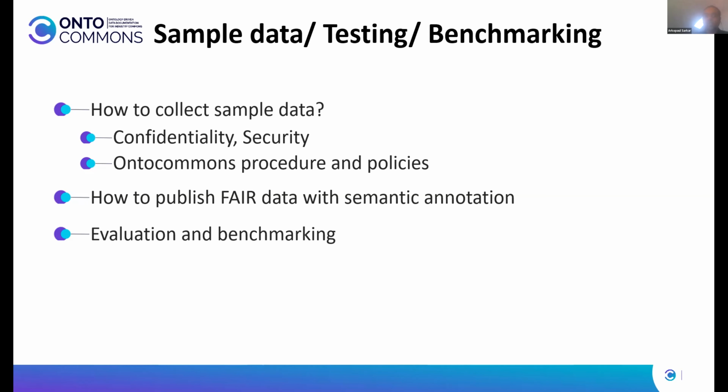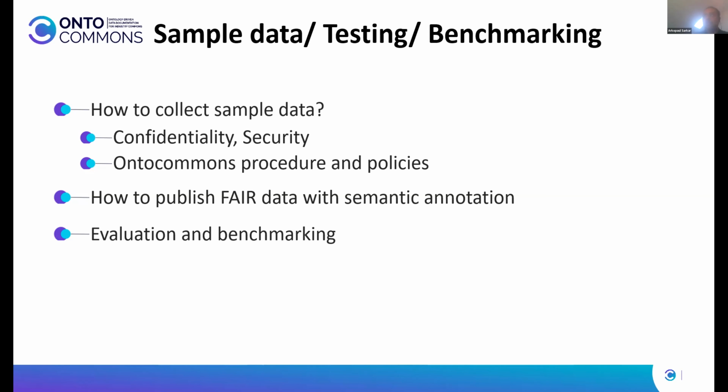For sure, the industrial partners have concerns regarding confidentiality and security, but could we solve them with some OntoCommons procedures and policies? We are open to listen to you all and have your input on that. We want to publish the data with a lot of FAIR metadata, with semantic annotation also.